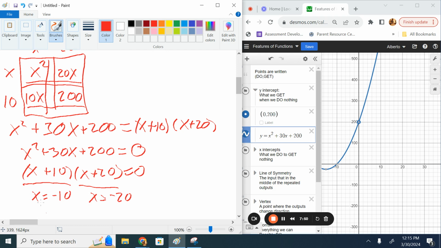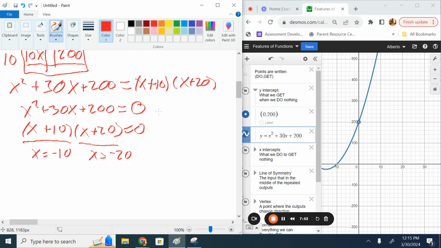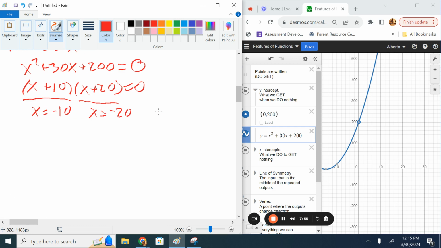So I want to verify that by inputting it into the original equation, and I can check that. Okay, so negative 10 squared plus 30 times negative 10 plus 200, and we're trying to see if it equals 0.